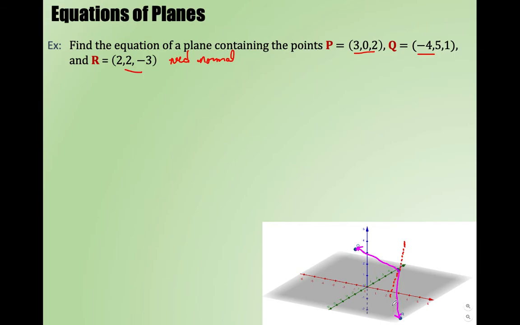And it doesn't matter which point I choose, but if I chose point P, right, what is that? I think you know. So step 1, I do have to build those 2 vectors, right? I have to build them, but I know how to do that. So building those 2 vectors means PQ is what?